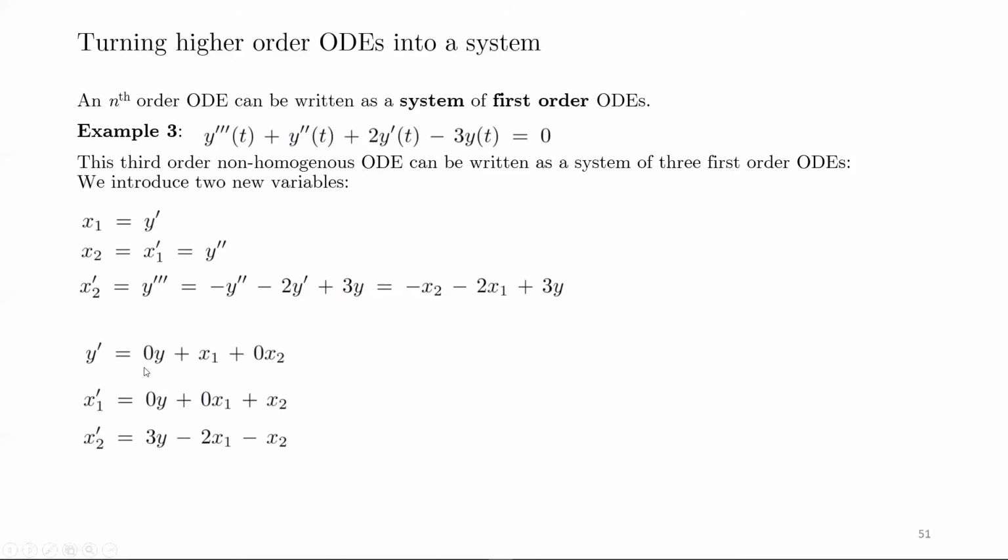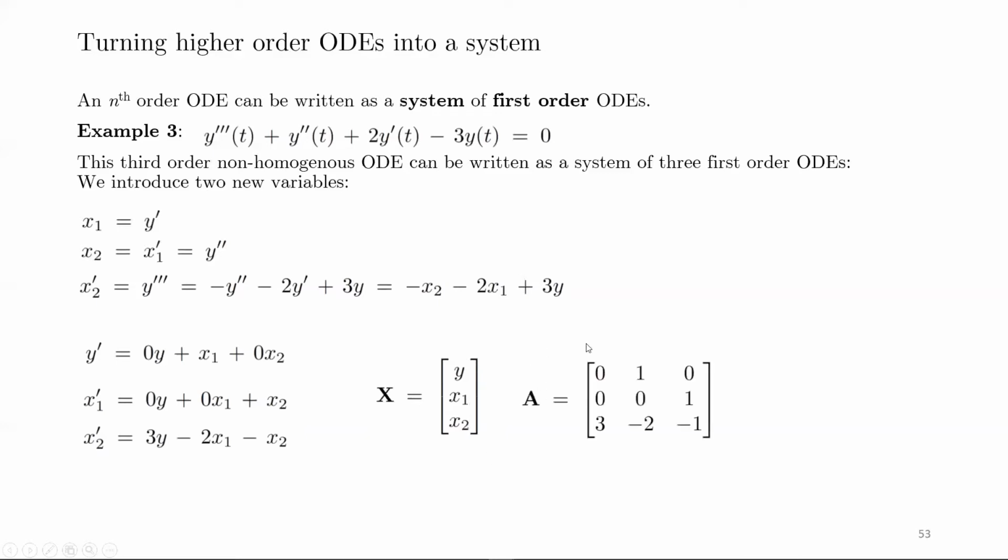Okay, so there's no y terms in this first equation, but I've added it in because I feel like it's easier to read that way when we're writing it in matrix form. And again, the order of my variables didn't matter, so here I've written y first, then x1, and then x2. It doesn't matter as long as I'm consistent. So my vector of dependent variables is y, x1, x2.